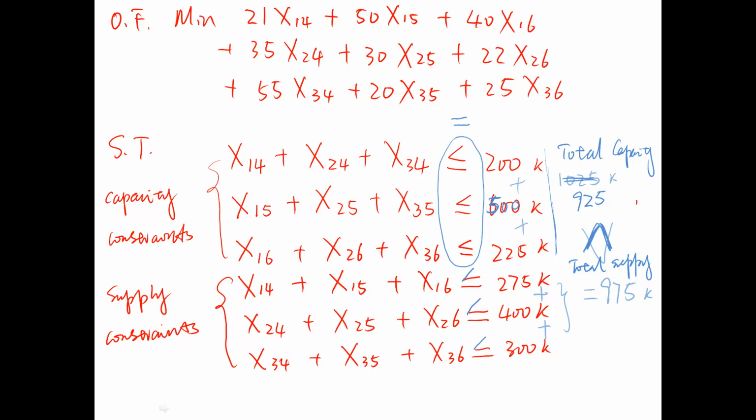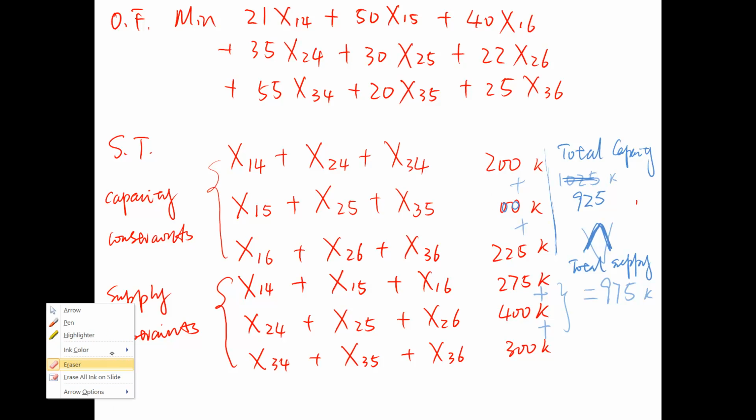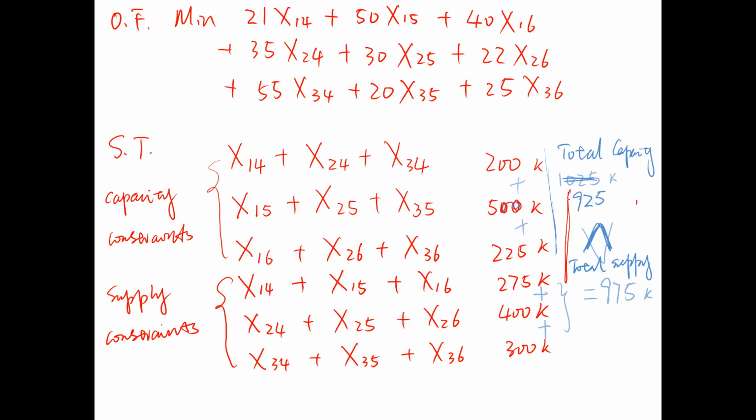So let me change this. If the processing capacity at this second processing plant is changed to be 500, then the total capacity and the supply relationship will be this: total capacity is less than the total supply.